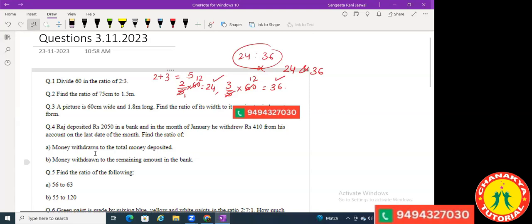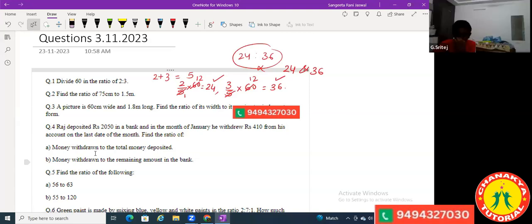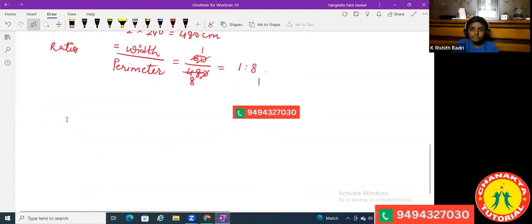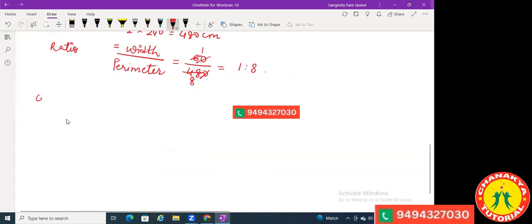He withdrew 410 rupees and money deposited was 2050. Okay, so question 4. Money deposited was rupees 2050.